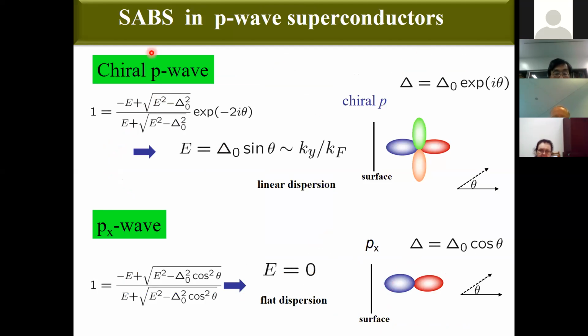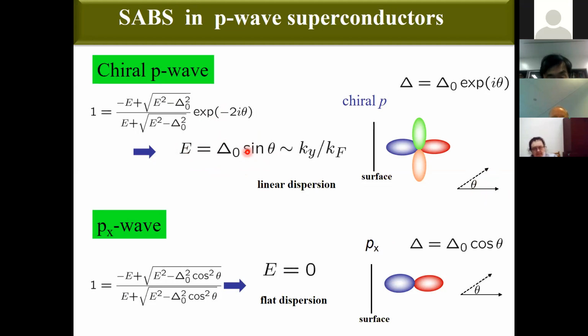For the chiral p-wave case, the boundary condition, the surface Andreev bound state condition, is given like that, and theta is the injection angle. The resulting energy dispersion of the Andreev bound state is given like that.